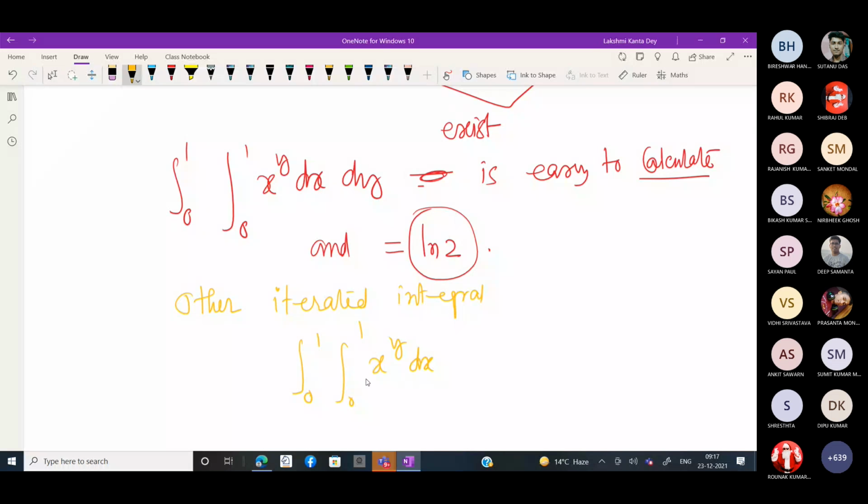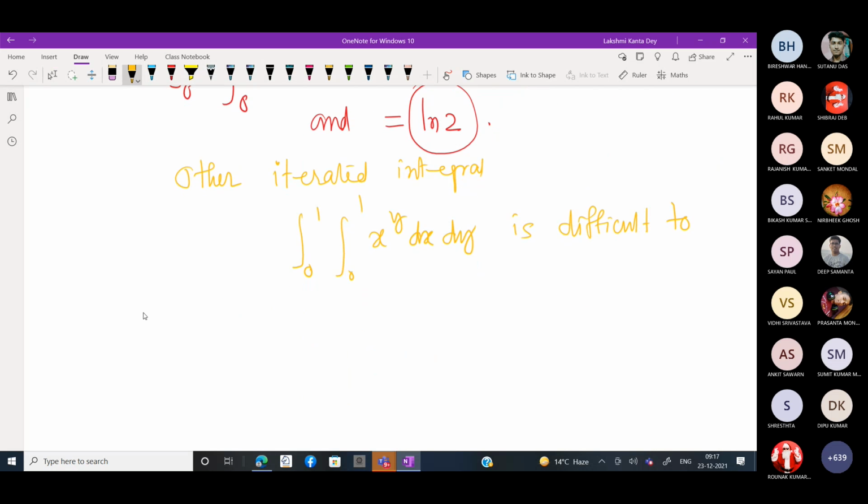If we integrate with respect to x first, keeping y as constant, then y, then this is difficult to calculate or find, but it will also be the same as ln 2, right?